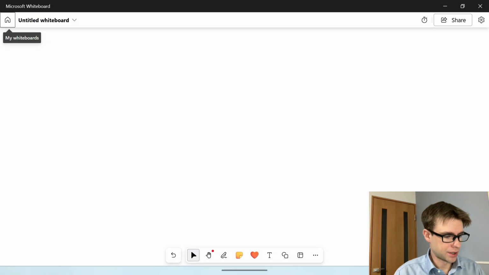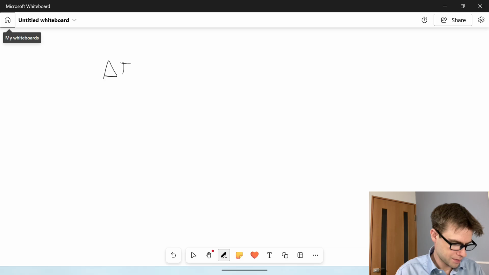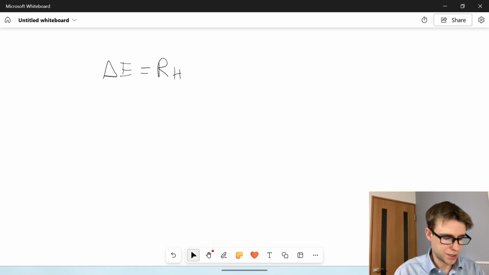Okay, so we want to try to find the energy difference between level 1 and level 2. So, all right, delta E, the energy gap or difference between levels, is equal to RH. When we're checking for these gaps here, we no longer have a minus sign in front.